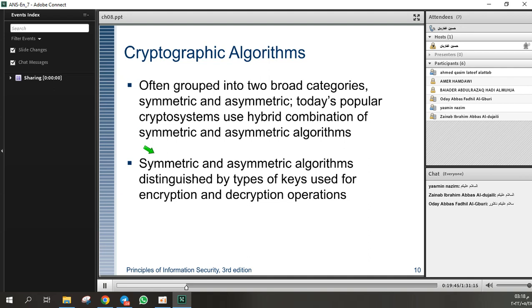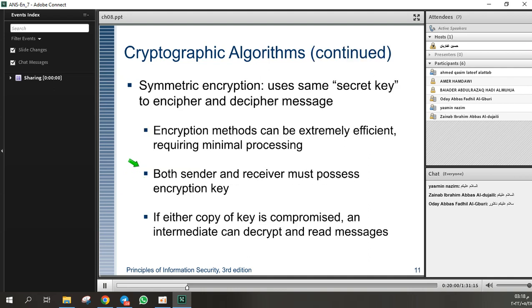But what is the difference between symmetric and asymmetric algorithms? The difference is about the types of their keys for encryption and decryption.